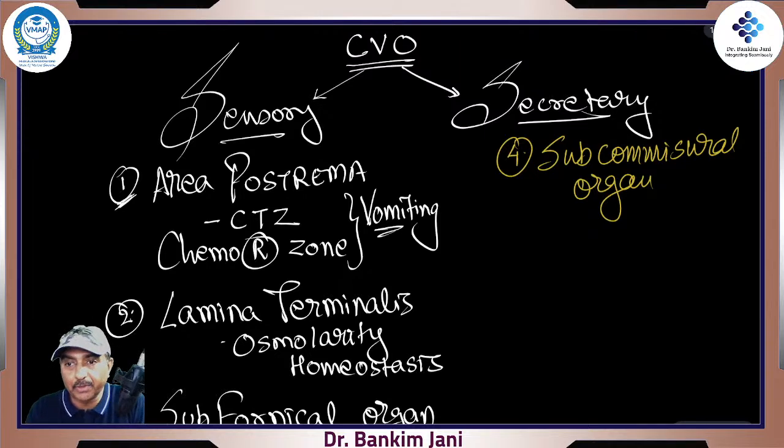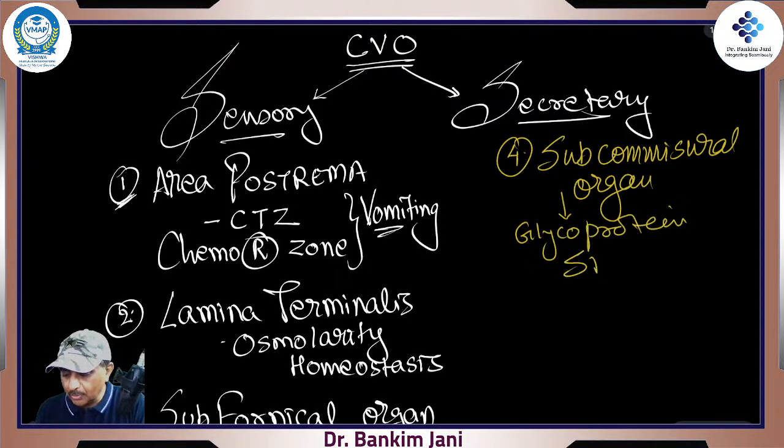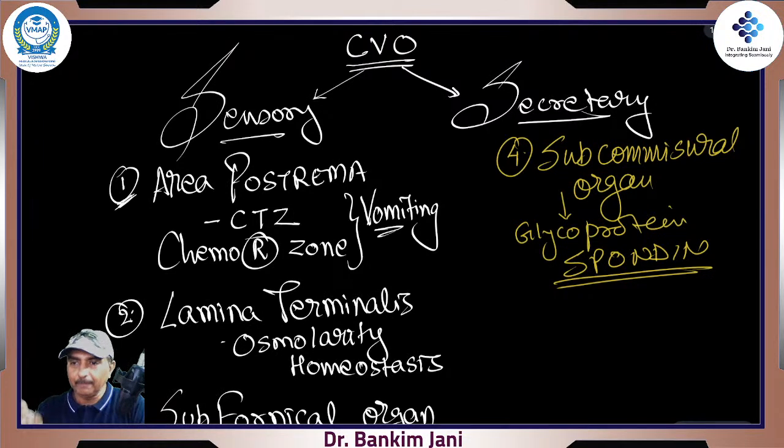This subcommissural organ, such a small portion, releases a glycoprotein, and that glycoprotein is spondin. What spondin will do is maintain the patency of the cerebral aqueduct of Sylvius. So wonderful, right?